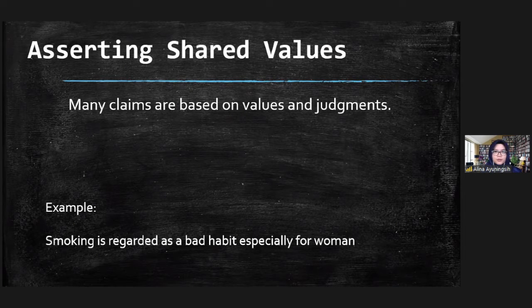But in Indonesia, a woman who smokes a cigarette is regarded as bad. That's why shared values only apply in some parts of the world, not the whole world.